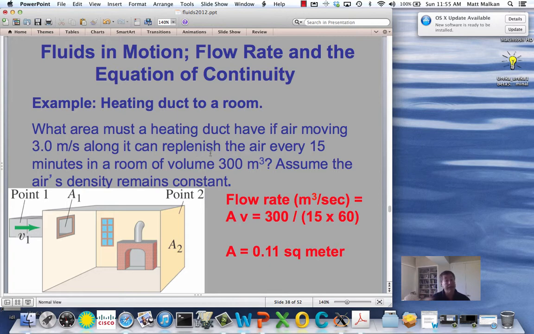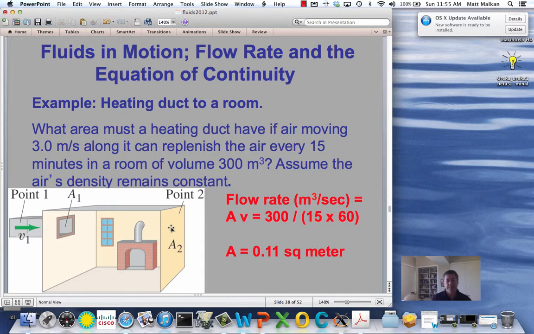It says that the flow rate is such that the air can completely replenish this entire volume of the room in 15 minutes. What is that? 900 seconds.